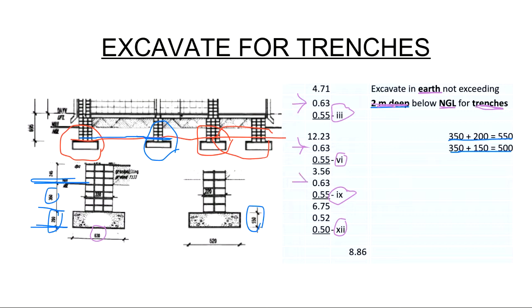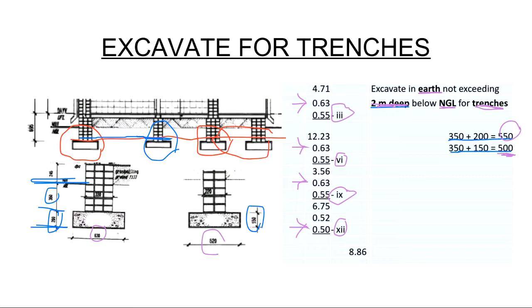And similarly, I am using the depth of the 550 for all 3 of those, and the 550 then comes from our side cast over there. And then the last footing that comes from the detail 4, again, the length is from the collections. The width of 520 we see from detail over there, and 150, the 350 plus 150 comes from the side cast over there. So I'm using the 500 millimeters deep over here.